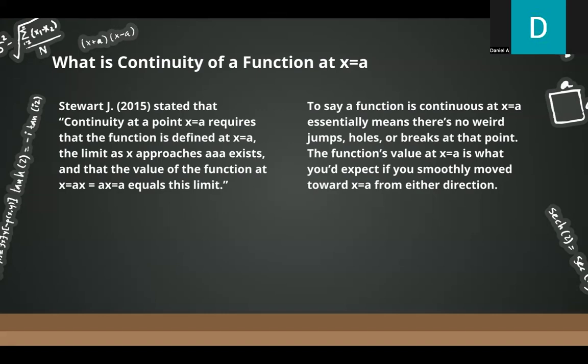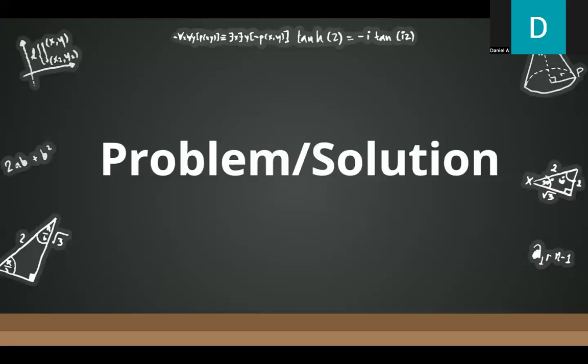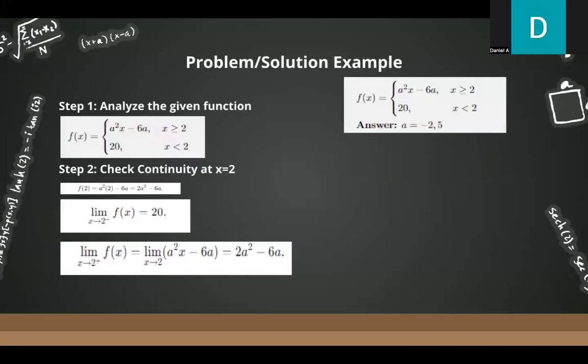Essentially, it just means there's no weird jumps, holes, or breaks at that point. The function value at x equals a is what you'd expect if you smoothly move towards x equals a from either direction.